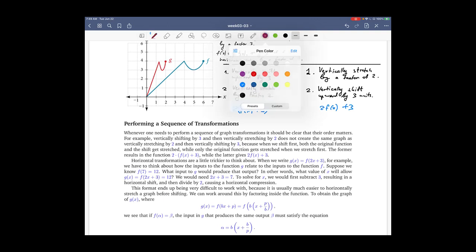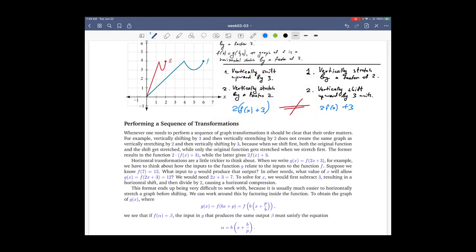Of course, these two are not equal, because this here on the left is 2f of x plus 6. And if you think about what happened, you can see immediately that when you first shift and then stretch, you also stretch the shift.